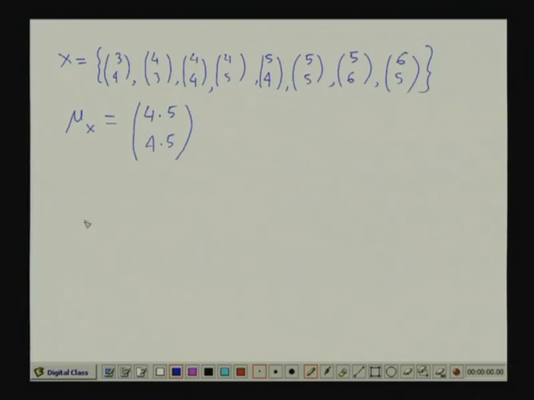The covariance matrix C x was defined as the expectation value of x minus mu x into x minus mu x transpose. So, finding out x minus mu x into x minus mu x transpose for all the vectors x and taking the average of them gives us the expectation value, which is nothing but the covariance matrix C x.